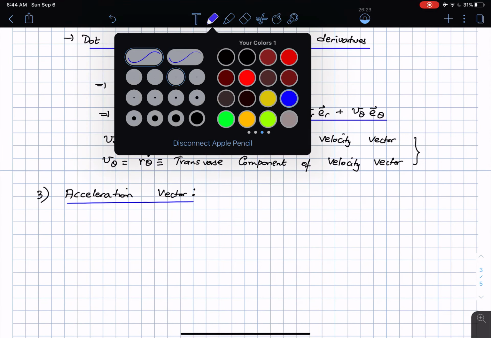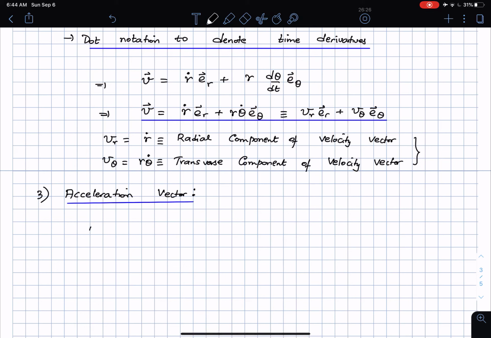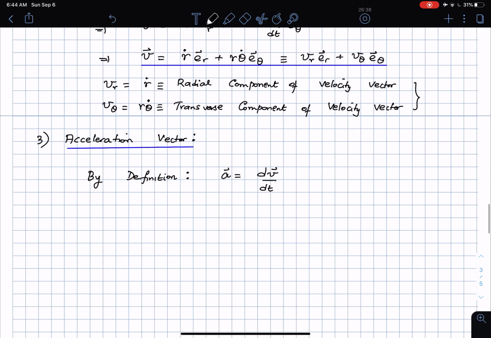By definition, acceleration is equal to dv by dt, which means acceleration is d by dt of the entire velocity vector, which is r dot er plus r theta dot e theta.